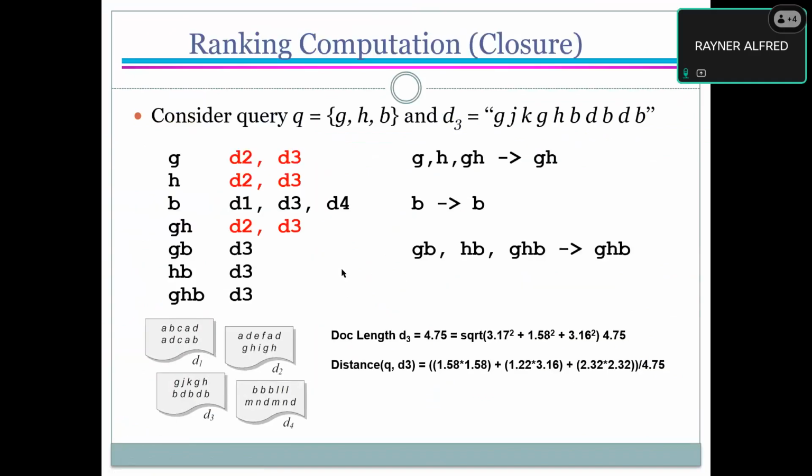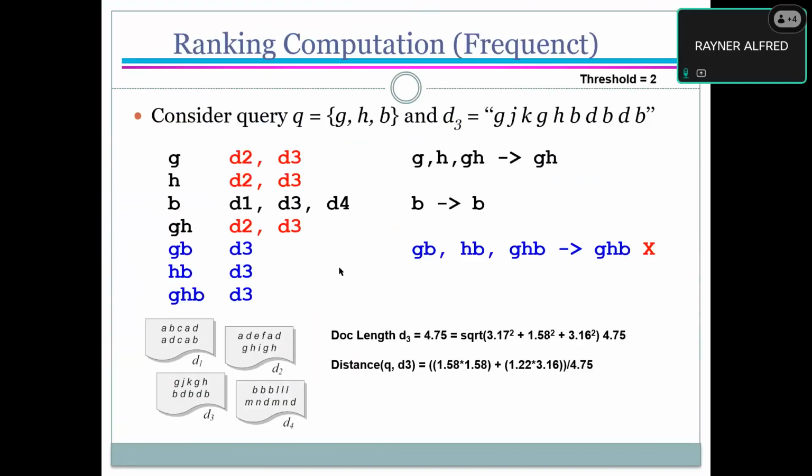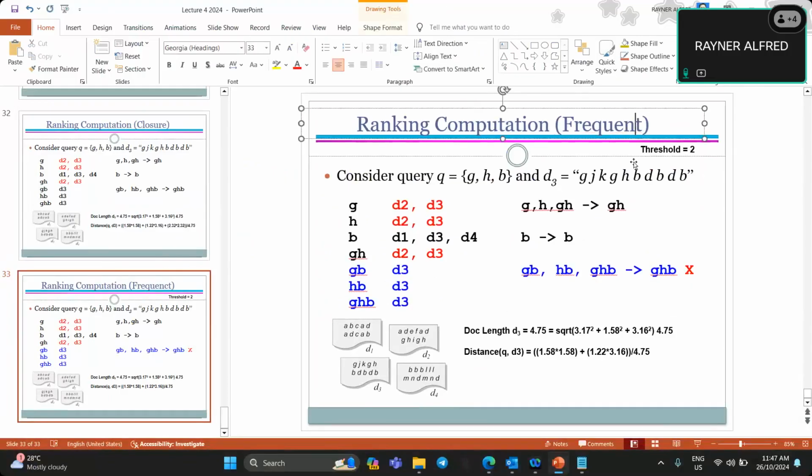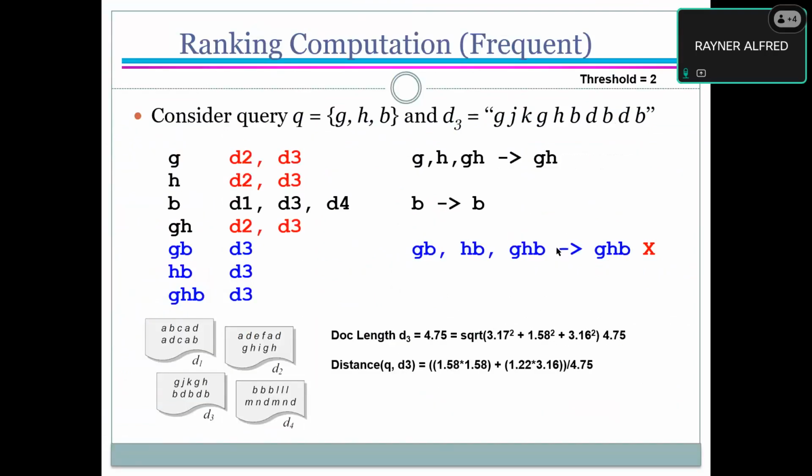And then this one is if we introduce closure, we look into the closure, so we reduce from 7 to 3. And then this is if we want to limit frequent terms to those having 2 or more documents only. Then we don't include the D3 here, so we only have 2.